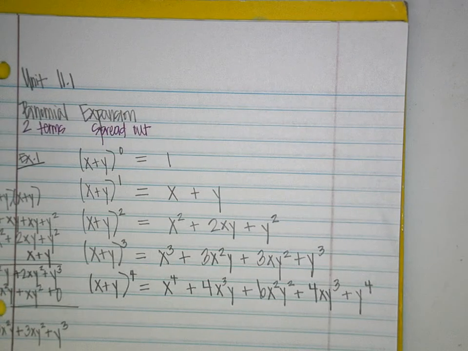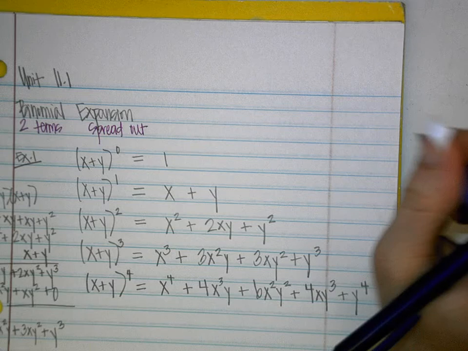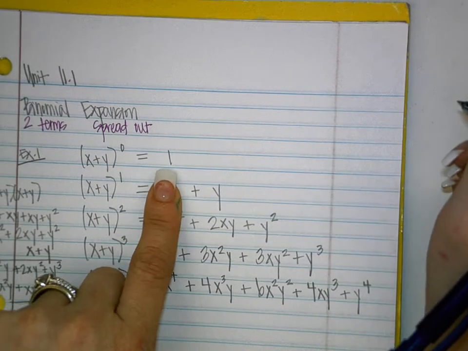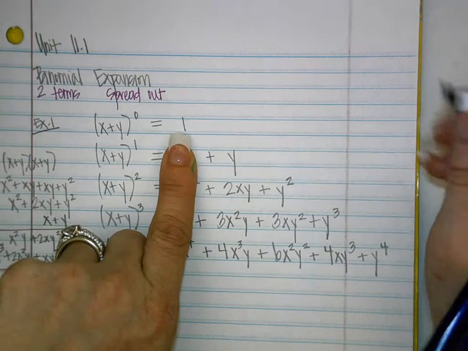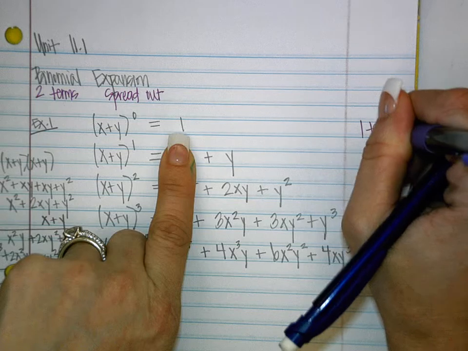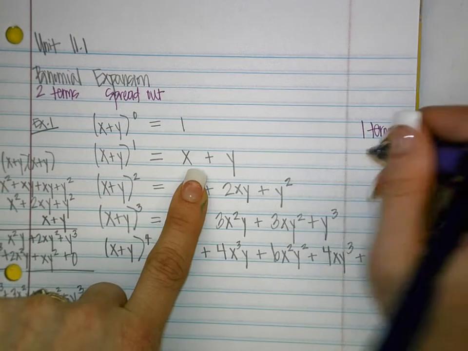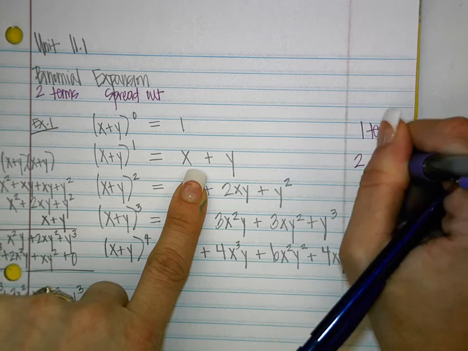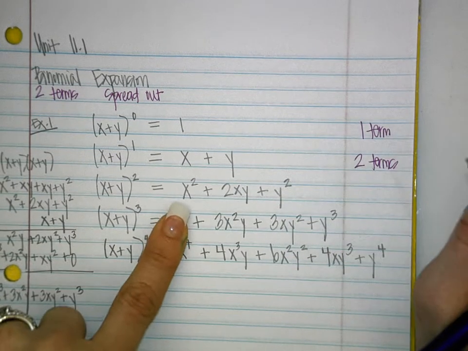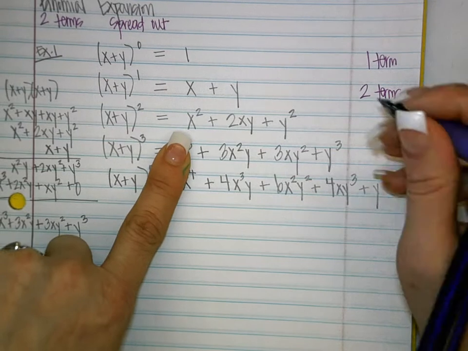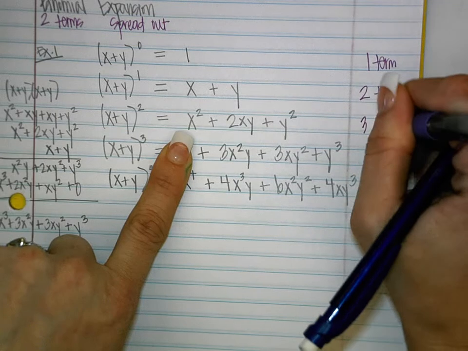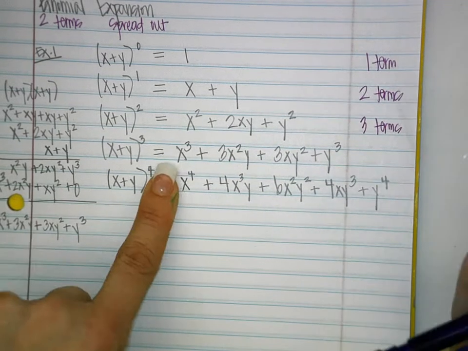First pattern that I'd like you to notice is the number of terms. How many terms are in the expansion here? One term. How many terms are in the binomial expansion to the first power? Two terms. How many terms are in the binomial expansion to the second power? Three terms. How many terms are in this binomial expansion?